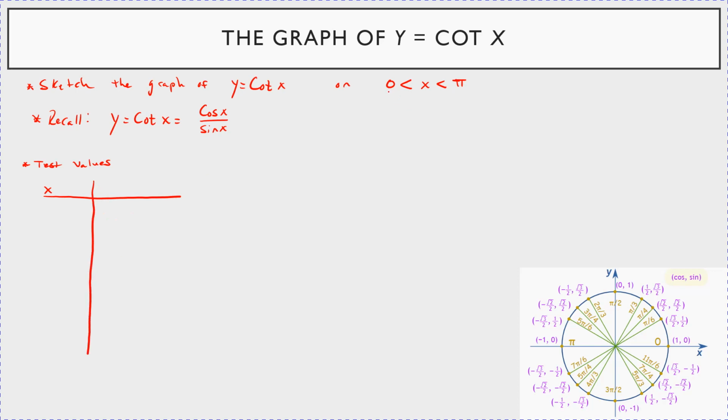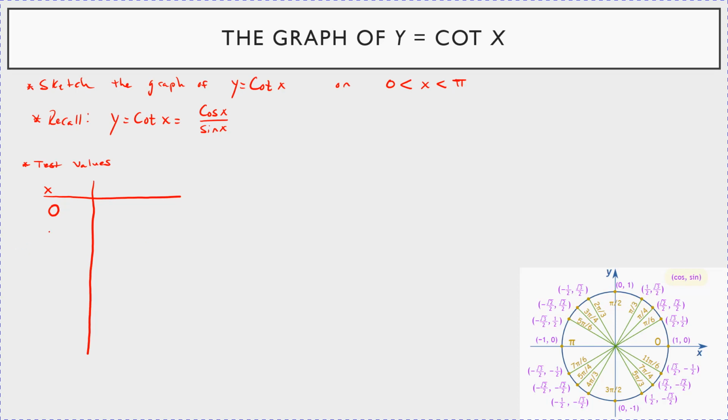Even though it says greater than 0, I'm actually going to pick 0 and plug it in and show you what happens. I want to go from 0 to pi. Here's pi over 4. These are the test values I'm going to pick, and you'll see why in a bit: pi over 4, pi over 2 and 3 pi over 4.